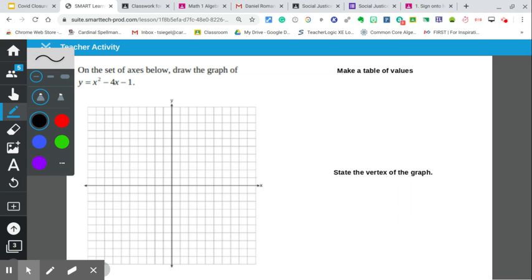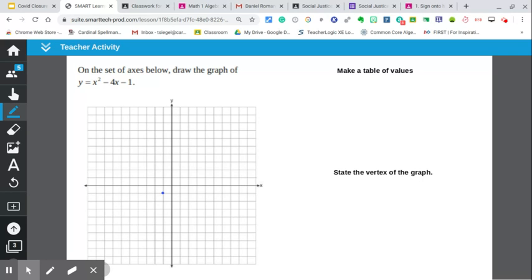All right, so I just use the dot and make it a little bigger. So I'm going to go 0, -1. That's that point right there. 1, -4. Well, I'm discombobulated here. 0, -1 is this one.